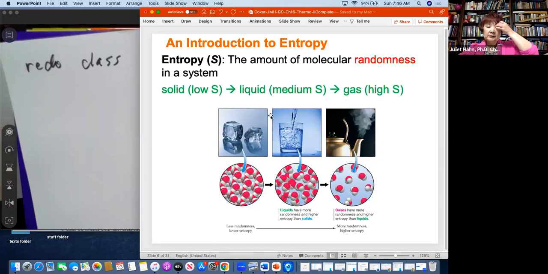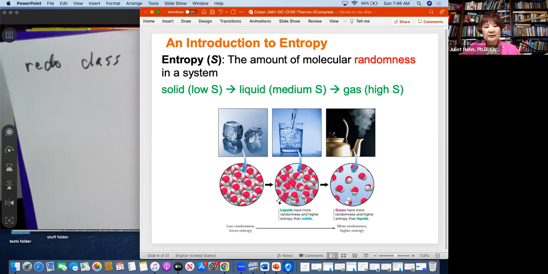Entropy is defined as the amount of randomness in a system. Take water: the solid form, the liquid form, and the gaseous form. As you go from solid to gas, you're increasing the amount of disorder because in a solid, the molecules are nicely locked in a specific way. They're not moving around at all.